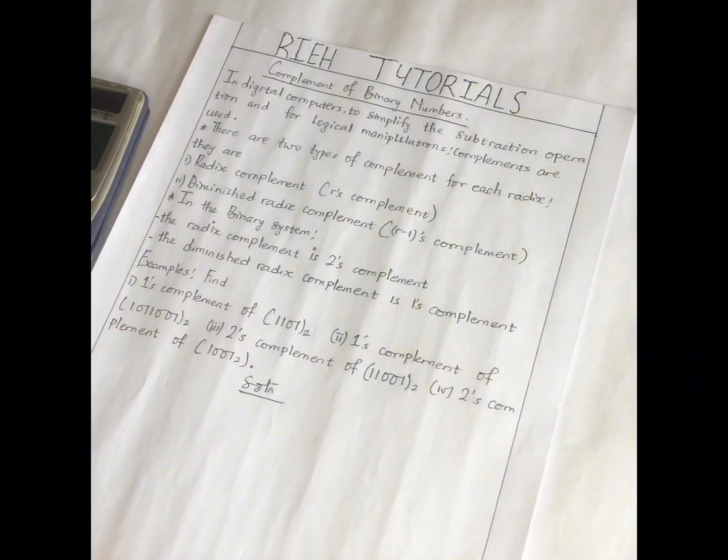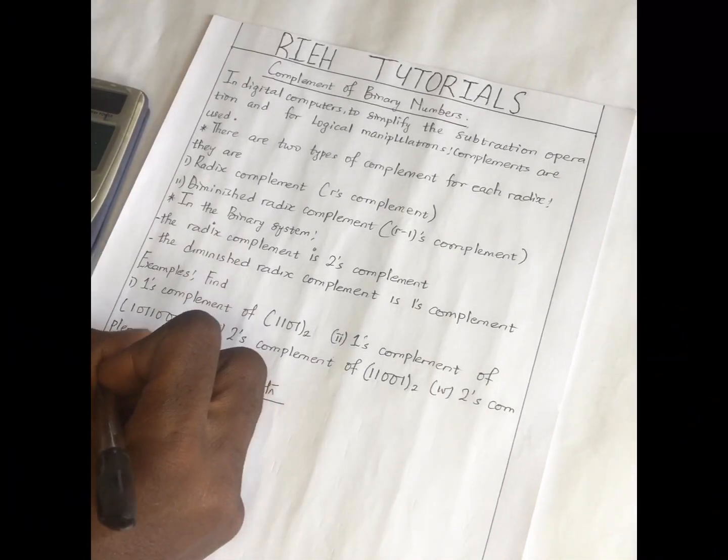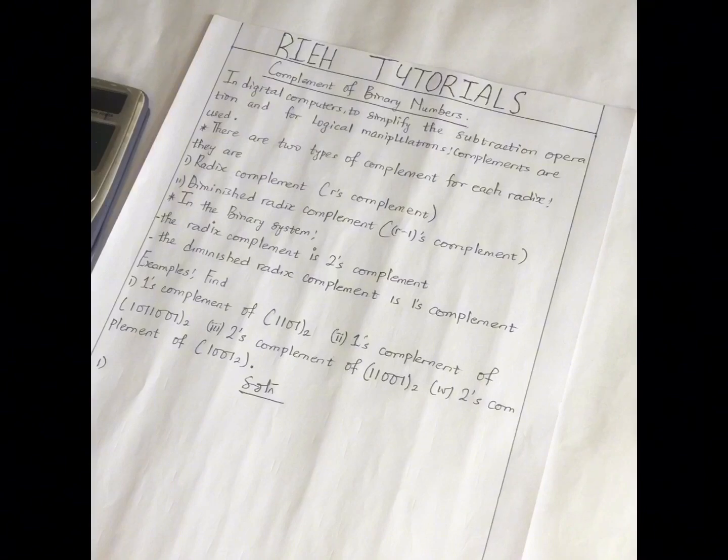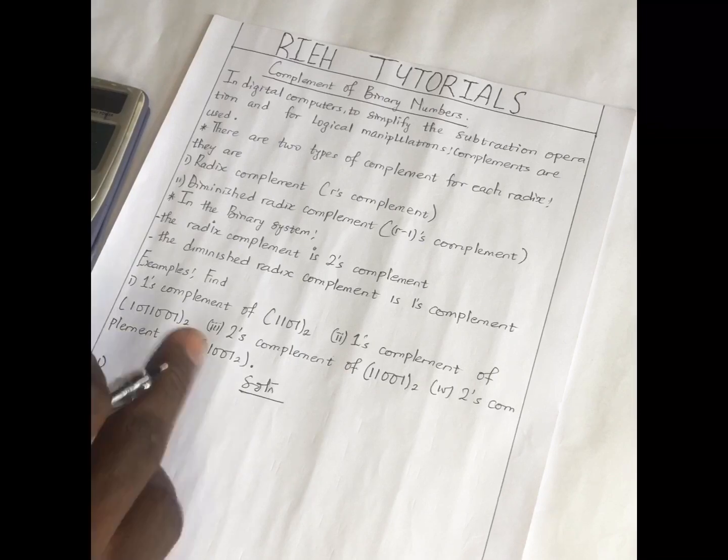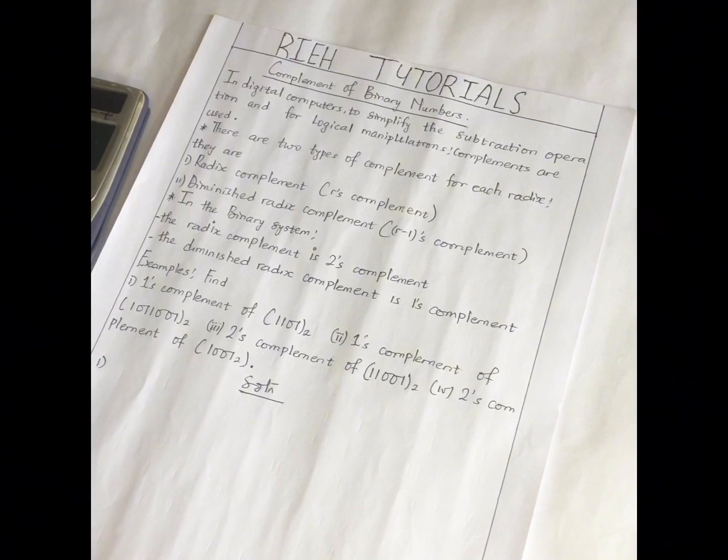So let's take on our first example. We are asked to find the 1's complement of this 4-bit binary number, 1101 base 2. Basically, in the 1's complement representation, you simply convert all 0s to 1 and all 1s to 0.